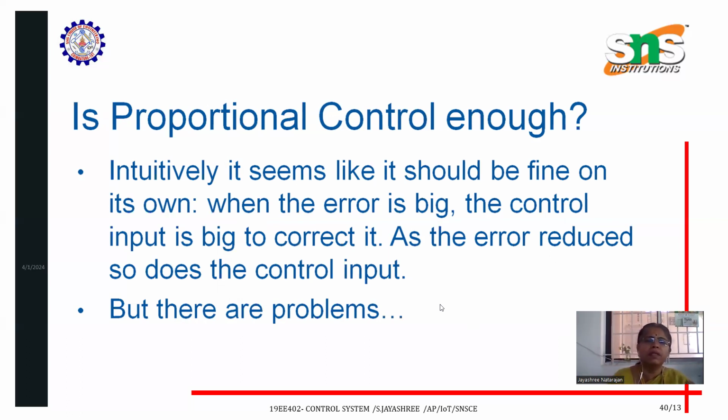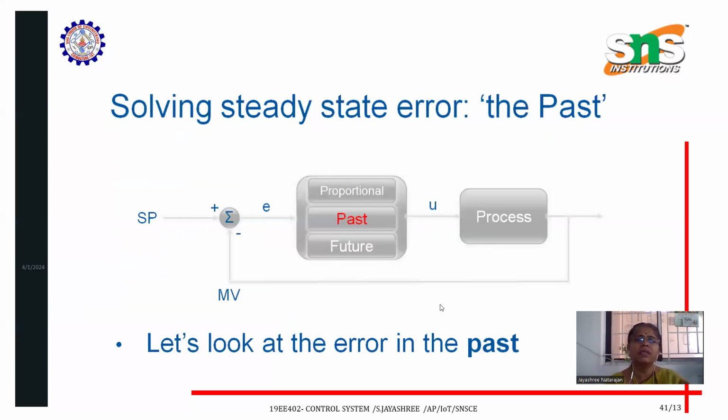When the error is big, the control input is big to correct it. As the error reduces, so does the control input. But there are some problems. If we take a simple pendulum, or controlling the water flow in a tank, there is always a steady state error that also needs to be considered.